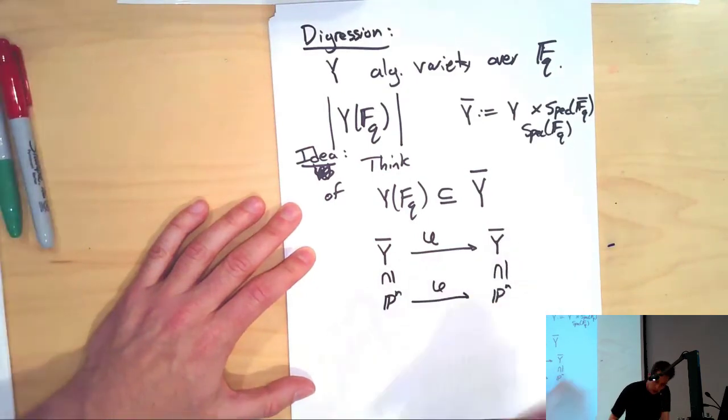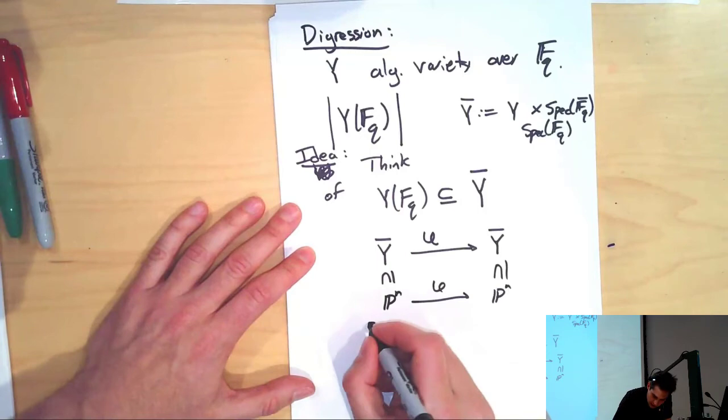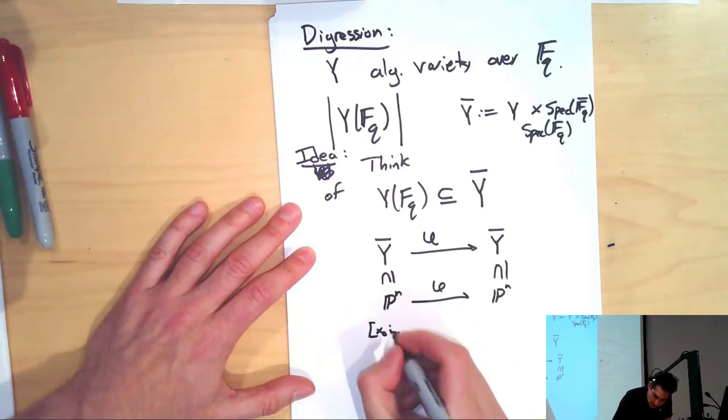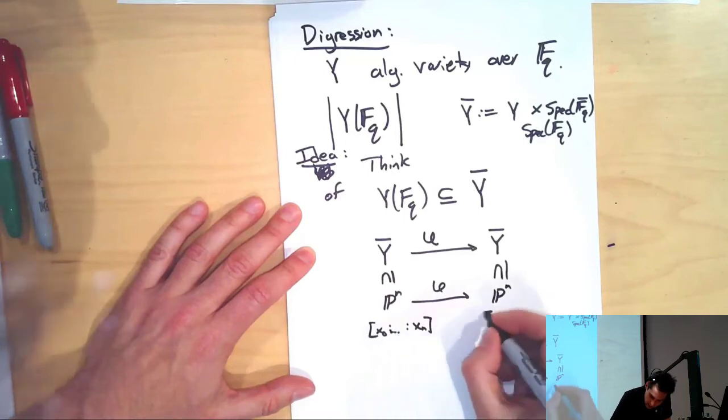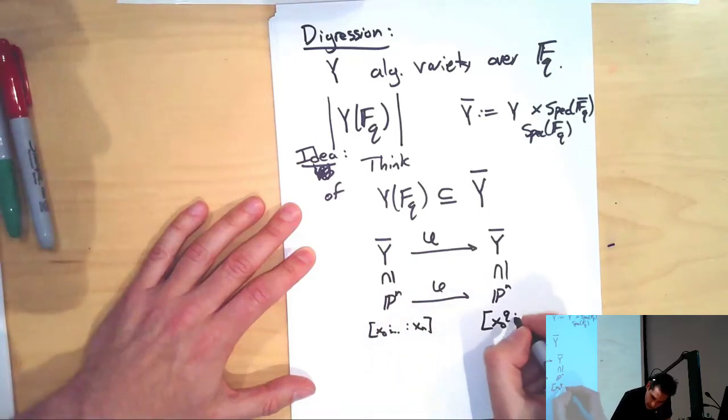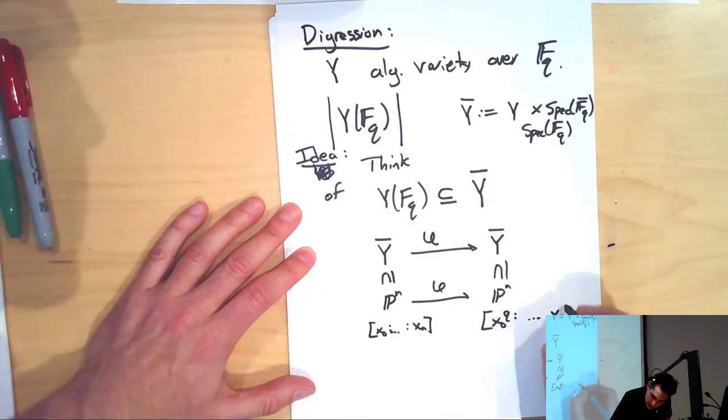It's just given by restricting a map from projective space to itself, which in homogeneous coordinates takes x0 through xn to x0 to the q, through xn to the q.